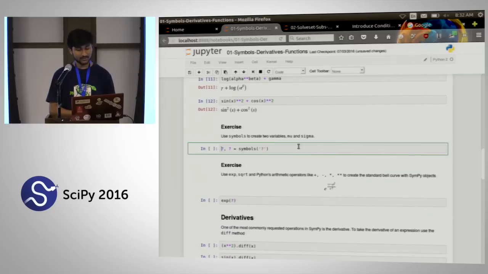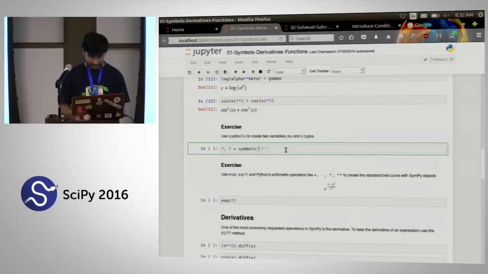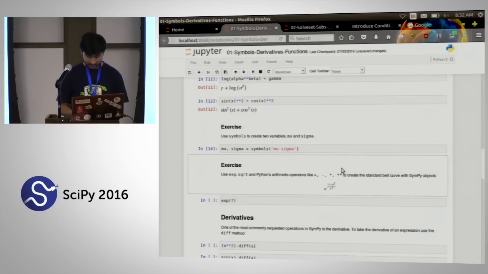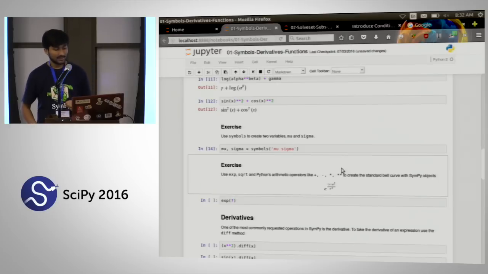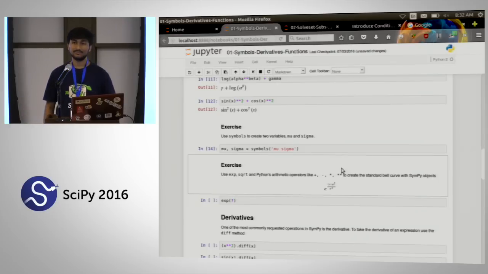So here's a small exercise for you. Define a couple of symbols, mu and sigma, using the symbols function, and create this expression in SymPy, the bell curve.